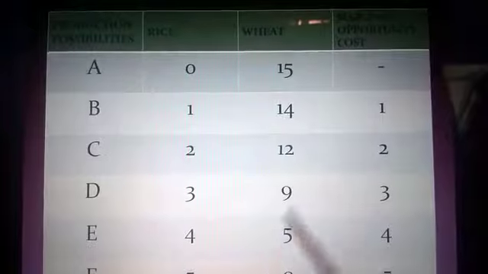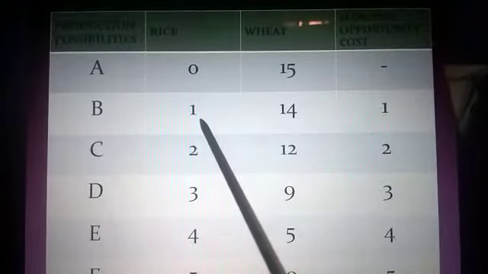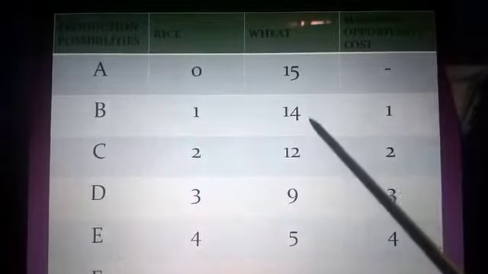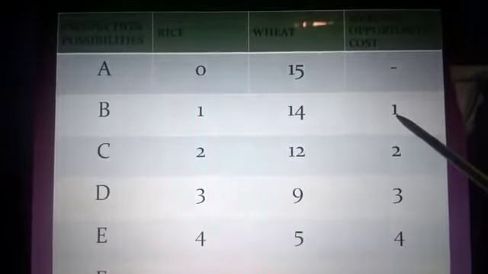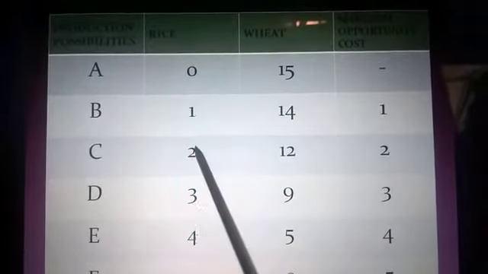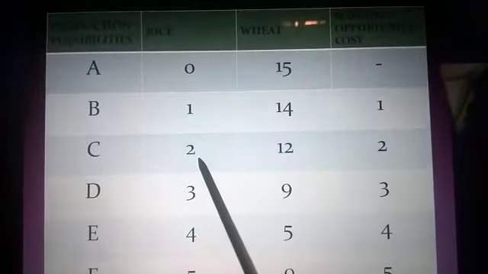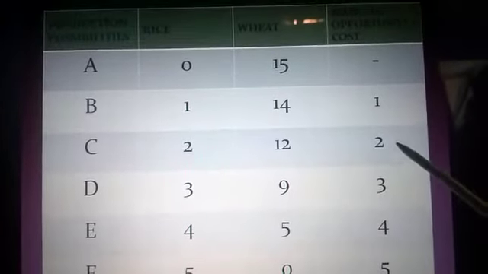If we use a combination, suppose we want to grow 1 kg of rice, we will have to give up 1 kg of wheat. We are sacrificing 1 kg of wheat in order to get 1 kg of rice. If we want another kg of rice, we have to now sacrifice 2 kgs of wheat.